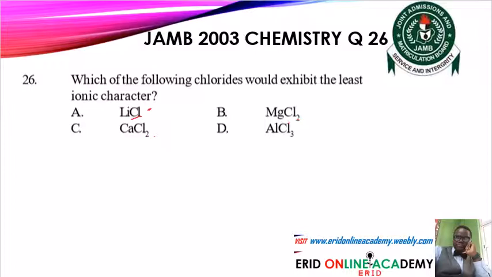So you will want to ask yourself, what do I have to do next? That's a very important question to ask. If chlorine is common to all the options, forming compounds with different metals, then the solution to this problem can be arrived at when you arrange all the metals and look at them in order of their metallic character.